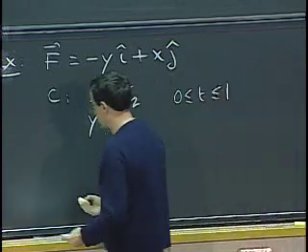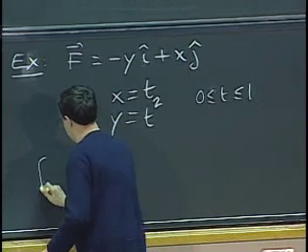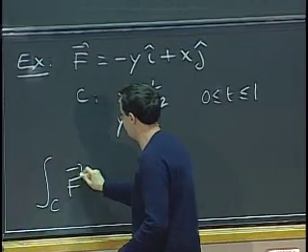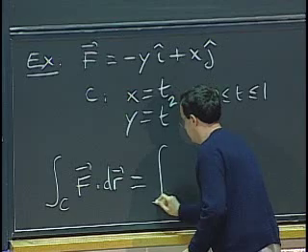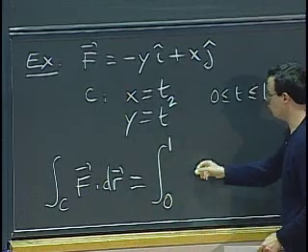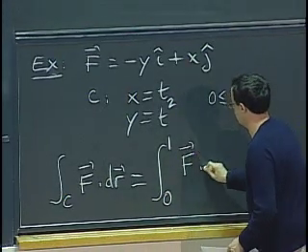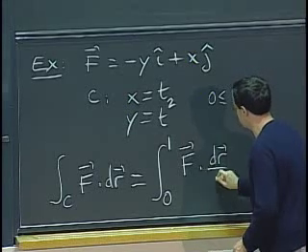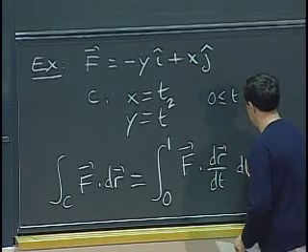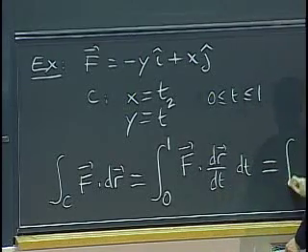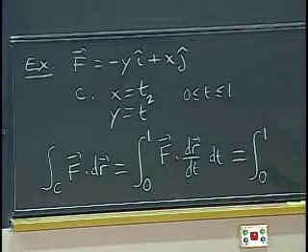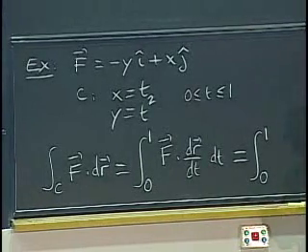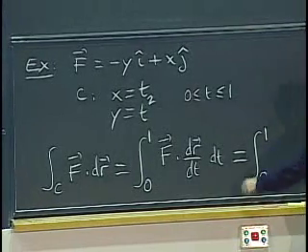So the integral along C of F dot dr will be the integral from time 0 to time 1 of F dot the velocity vector dr/dt times dt. Let's figure it out. What is F?